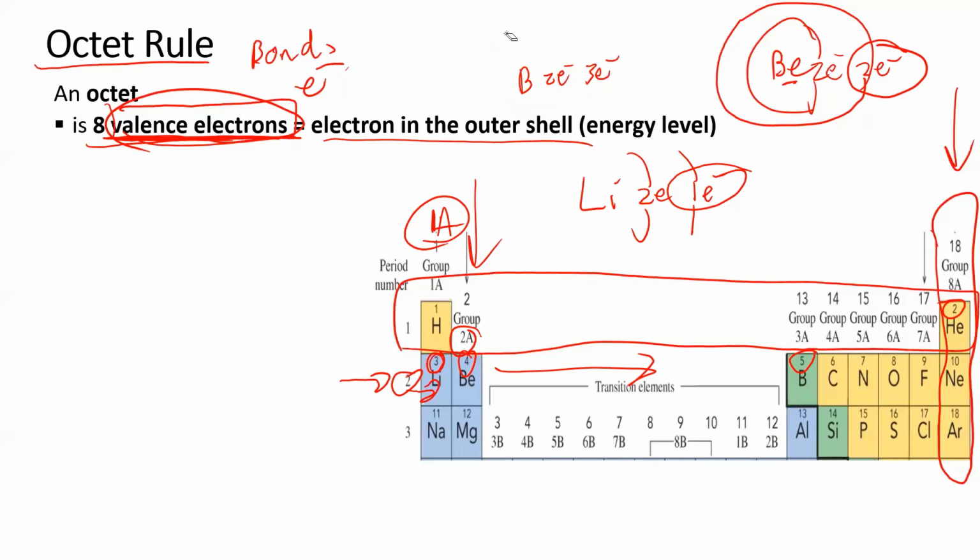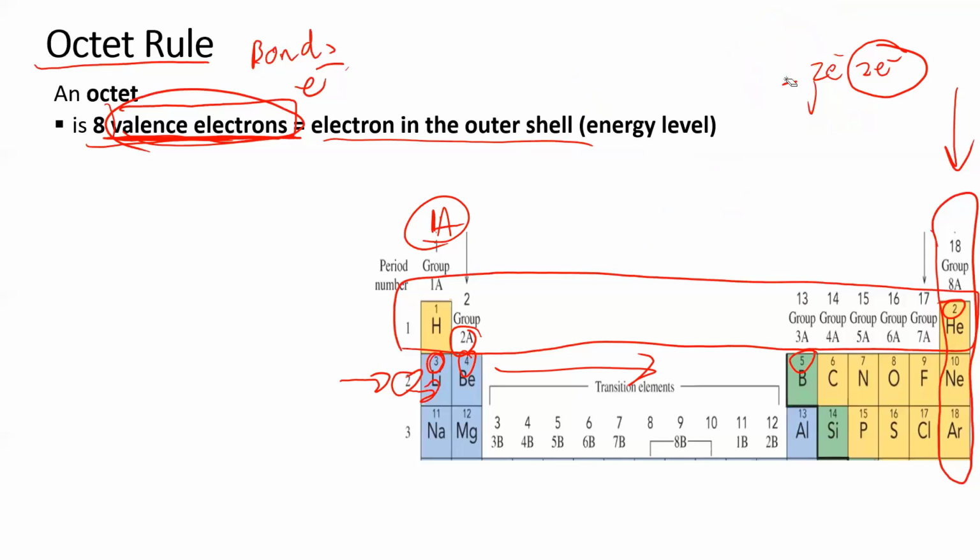So I'm going to jump a bit. I could keep going across and across, but basically the way this works is let's look at sodium. It's got 11 protons. How do I know? Because the atomic number is 11.